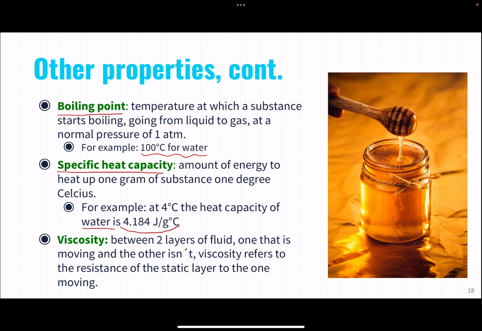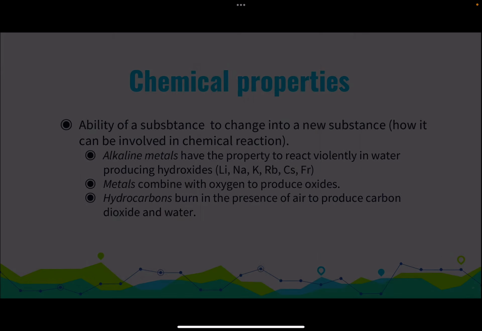So that is a lot, but it is a property of water. Viscosity is also a physical property, and it's between two layers of fluid, one that is moving and the other isn't. Viscosity refers to the resistance of the static layer to the one moving. So those are other physical properties that we can see.